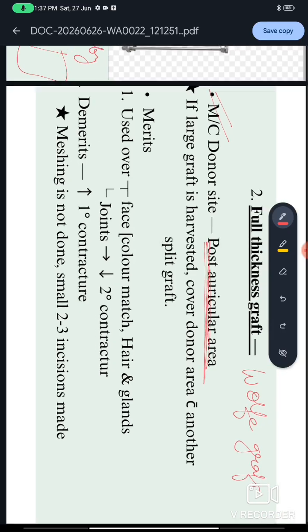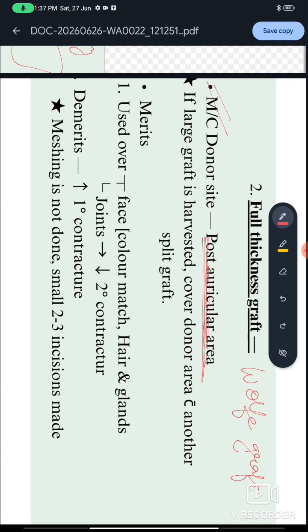Now, whenever you harvest the full thickness graft, you always tend to harvest it from an area that is not visible, that is mostly not important in terms of aesthetic, because the site from where you harvest it mostly is left raw and denuded. But when a larger graft is harvested, you need to cover the donor area also with another split thickness graft.